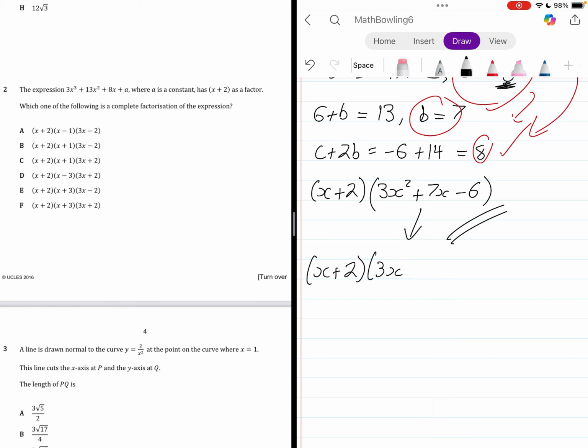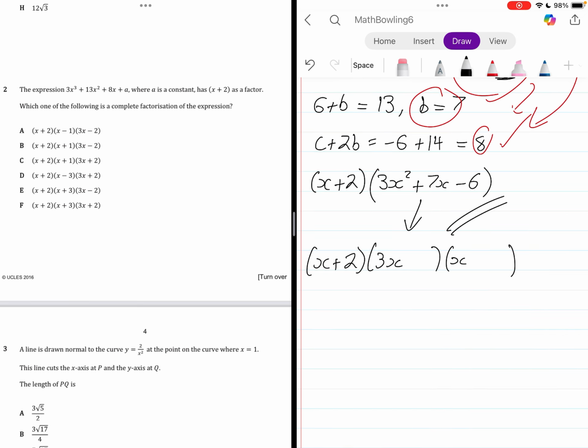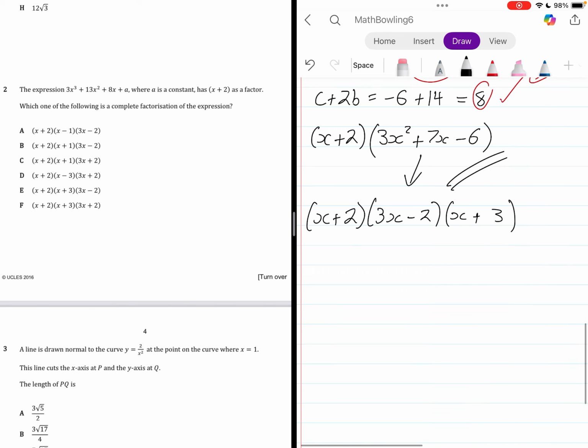We can factor this in our heads, or we can use the AC method, or really just whatever method you prefer, I suppose. So we know that we're going to have 3x in our first bracket and x in our second bracket. We're going to have 2 and 3. So if we have minus 2 here and plus 3 here, we can expand this to check it again.